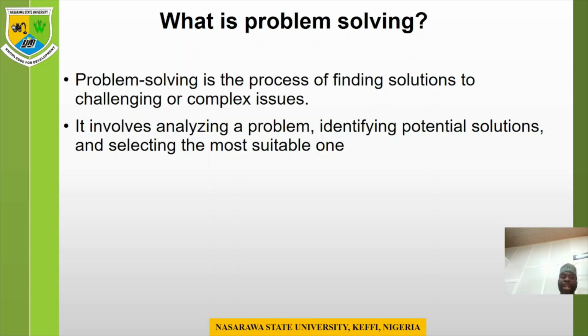You only apply this if the problem under consideration is a bit complex. For instance, if you want to develop an algorithm for a robot to sweep a classroom for you, this is a bit complex problem.